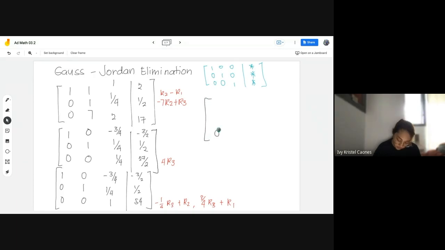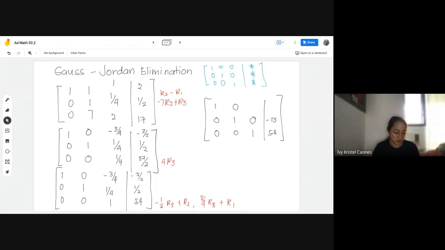This is 0, 0, 1, 54. This is 0, 1, 1, 0. Then, based on that, that is 0. Then, our R3 is 54. And our R2 is 1/2, negative 13.